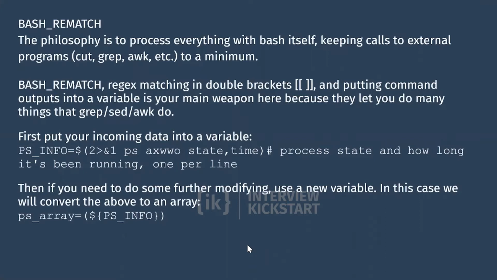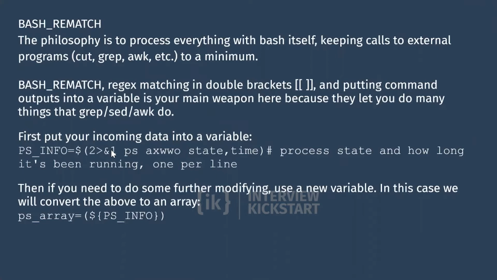The way you do that is by using BASH_REMATCH in conjunction with regex matching in double brackets in your script. The way I typically use this is I make a single external call to a command that I need the output from, and I put all that output into a variable. I tend to put standard error and standard out combined, as you can see in this example below.